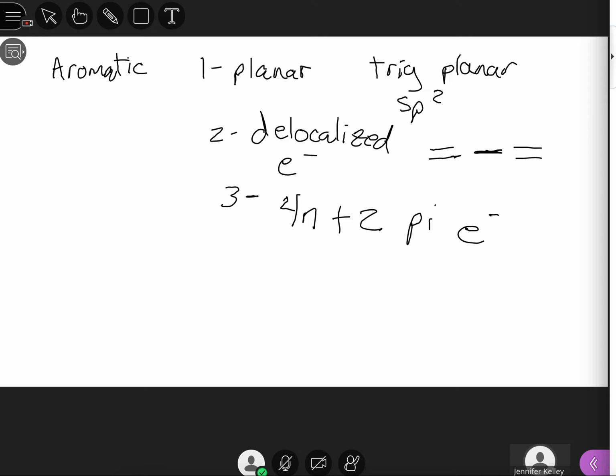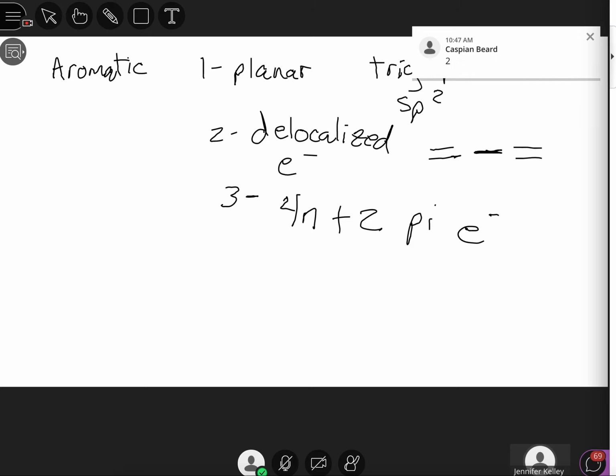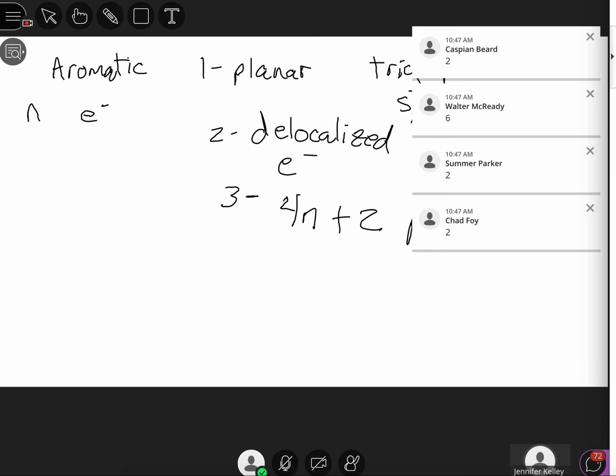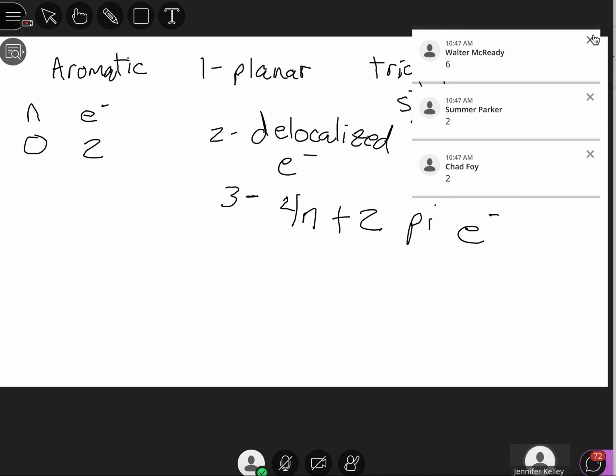So that probably sounds a little weird, but this is just going to give you a list of possible numbers of electrons that you can choose from. And n can be any integer starting with 0. So if n is 0, what would 4n plus 2 be? That would be 2.